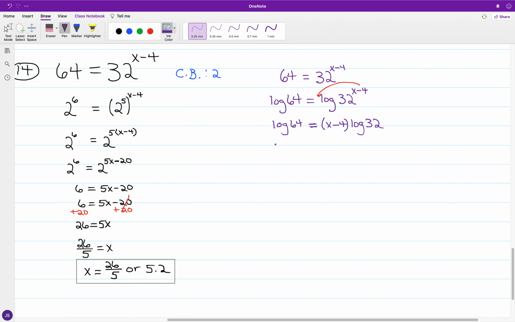So I have the base 10 log of 64 is equal to, and if I distribute, we have x times the base 10 logarithm of 32 minus 4 times the base 10 log of 32, so I have one x term, and that's going to be x times the base 10 log of 32.